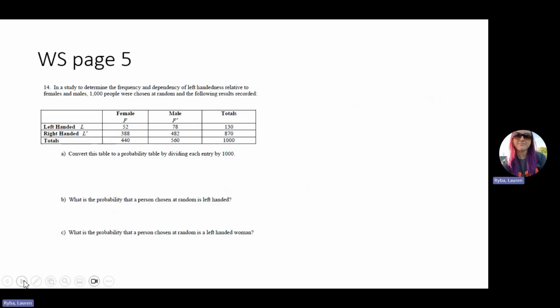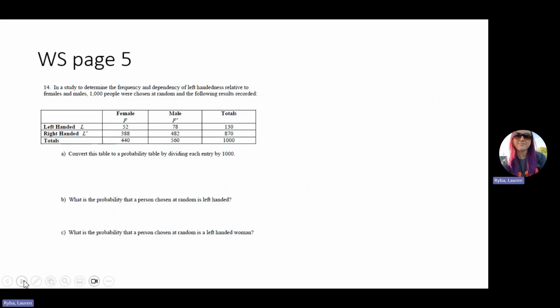There were 52 left-handed females and 388 right-handed females for a total of 440 females. We had 78 left-handed males, 482 right-handed males for a total of 560 males. And then in the far right column, we have a total of 130 left-handers and 870 right-handers.